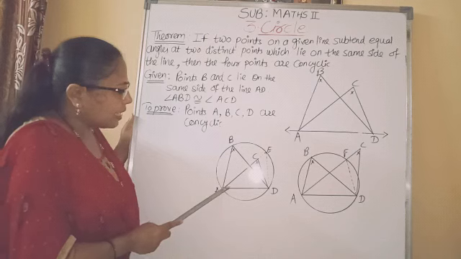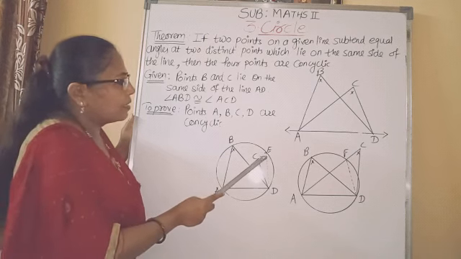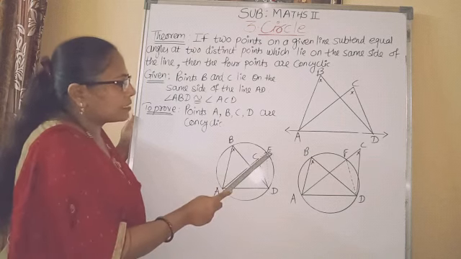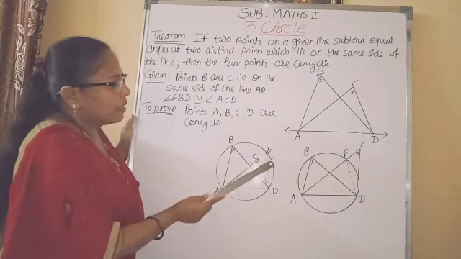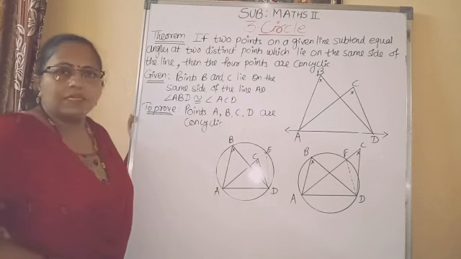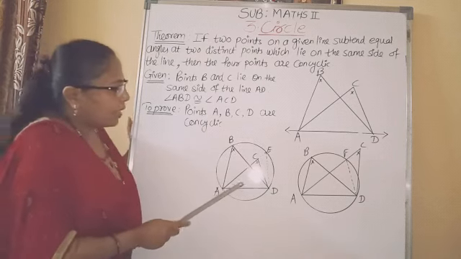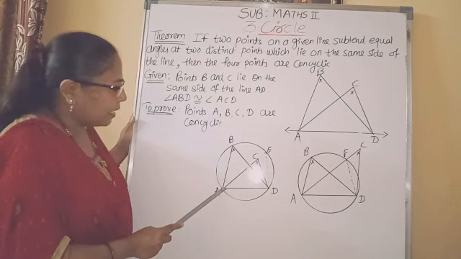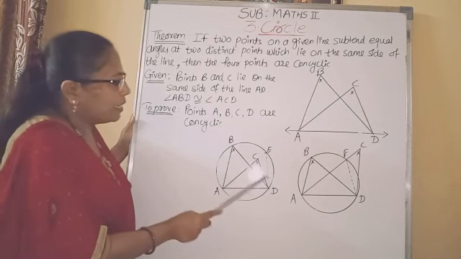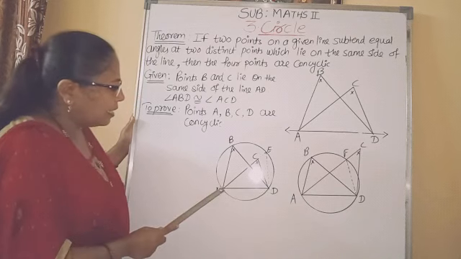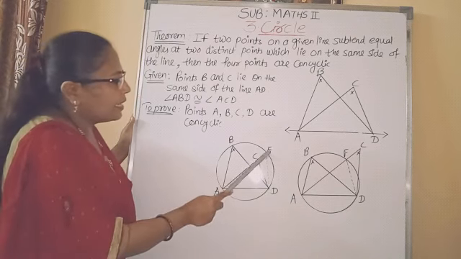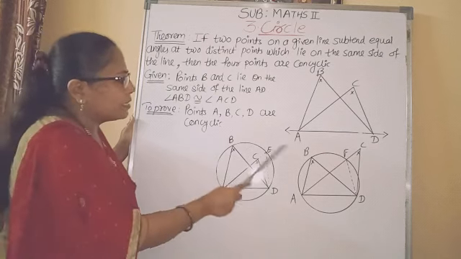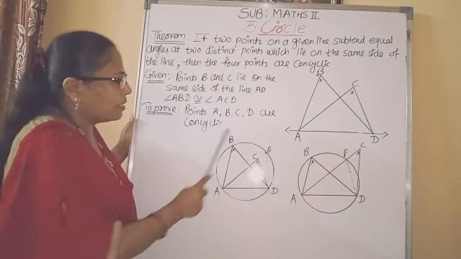Let us extend segment AC up to point E such that this segment AC intersects the circle at point E, meaning point E is on the circle. So here we have 2 angles, angle ABD and angle AED, which are inscribed in the same arc ABD.